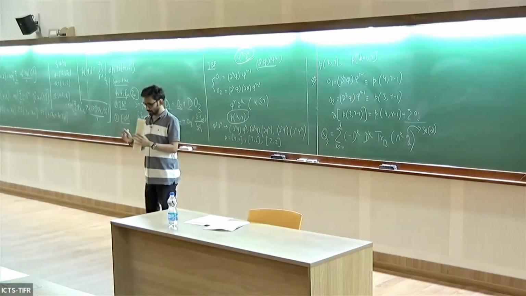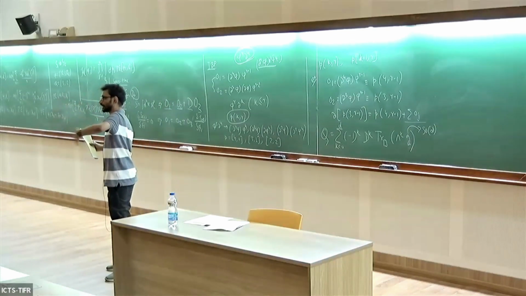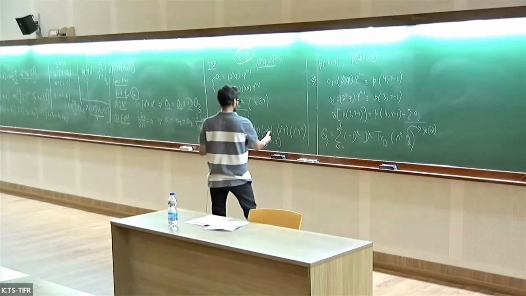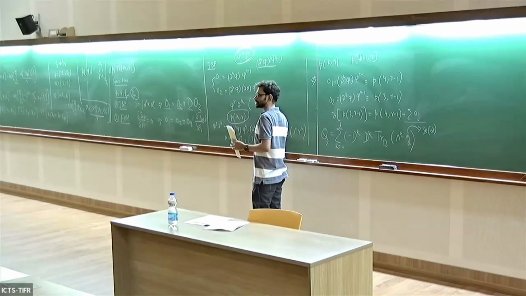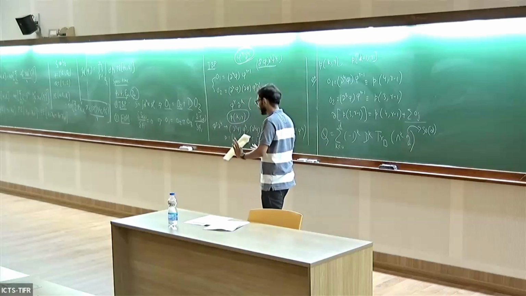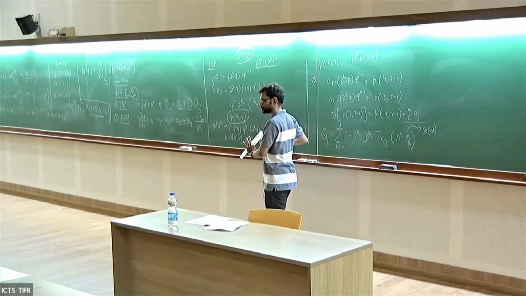Okay, so there are two things. Once you do the IBP, you get some kind of structure. For example, here I'm getting a del 2 psi kind of structure, right? Now you can replace the del 2 psi by its equation of motion, and you get different configurations. Exactly, so that's the next level of doing this. But at this moment, even if del 2 phi appears, I'll keep it as del 2 phi.